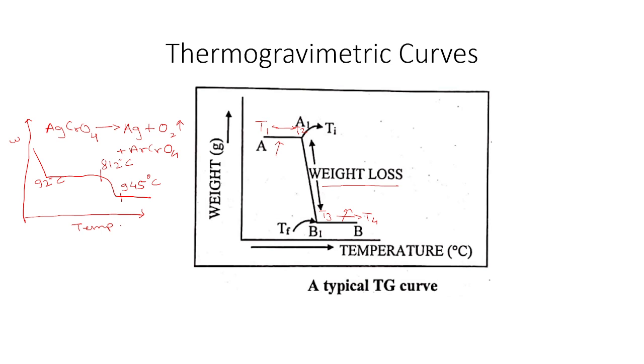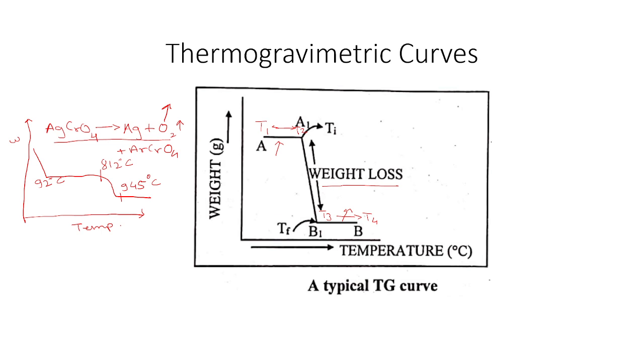Here one can understand that from 812 to 945 degrees Celsius this reaction is going on because there is a loss of oxygen, or oxygen gas is evolved. So in this way, either qualitatively or quantitatively, the analysis can be done using the thermogravimetric curve.